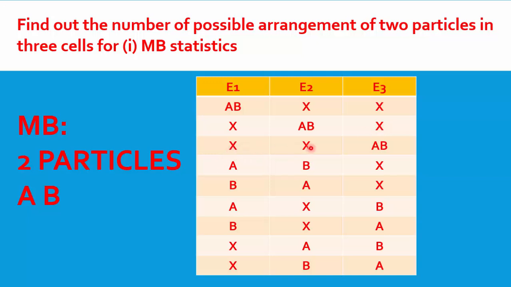Similarly, I can place A and B, the two particles, in the third energy level, the third cell, keeping the first and the second blank. In this way, I can also make A and B separate. They can sit in the cells separately or alone. So A can sit in energy level E1, B can sit in energy level E2, and energy level E3 remains blank or empty or vacant.